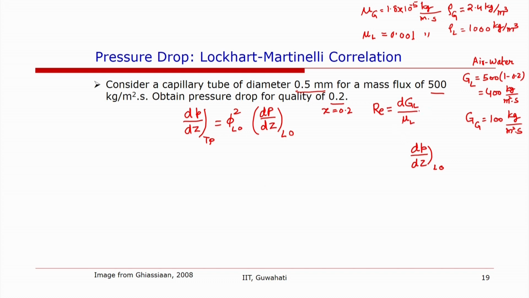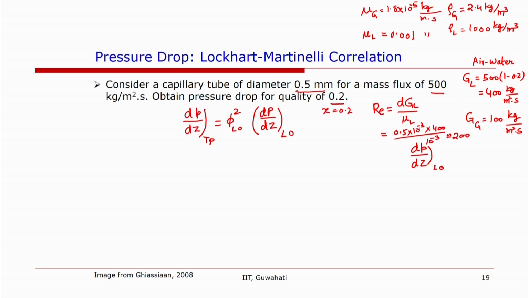If we substitute the values, we get 0.5 into 10 to the power minus 3 into GL, which is 400, divided by 10 to the power minus 3, and this will give a Reynolds number of about 200.